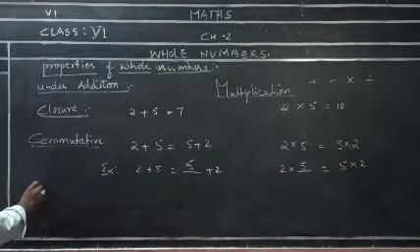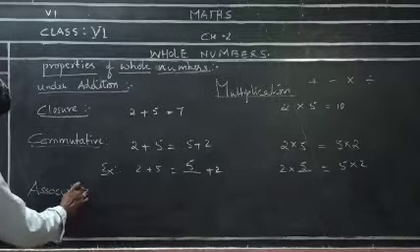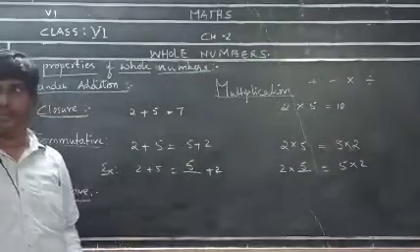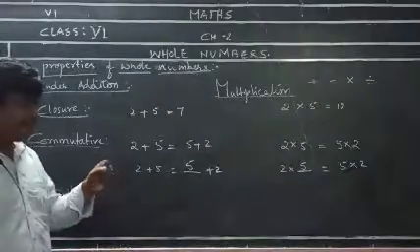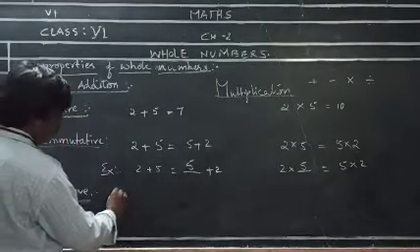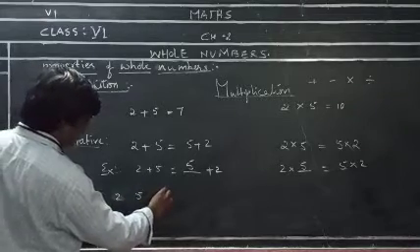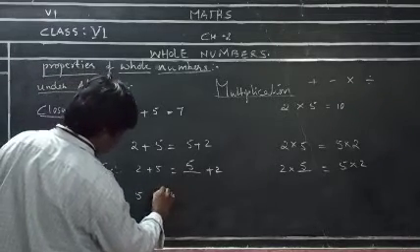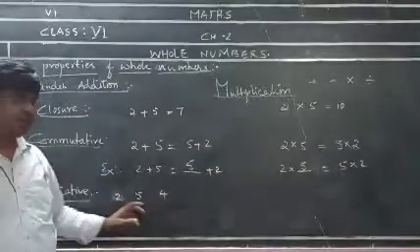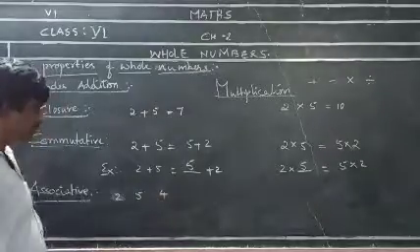Next one is associative. What is the associative property? We will take 3 numbers. I am taking 3 whole numbers like 2, 5 and 4. 2 is a whole number, 5 is a whole number, 4 is also a whole number.